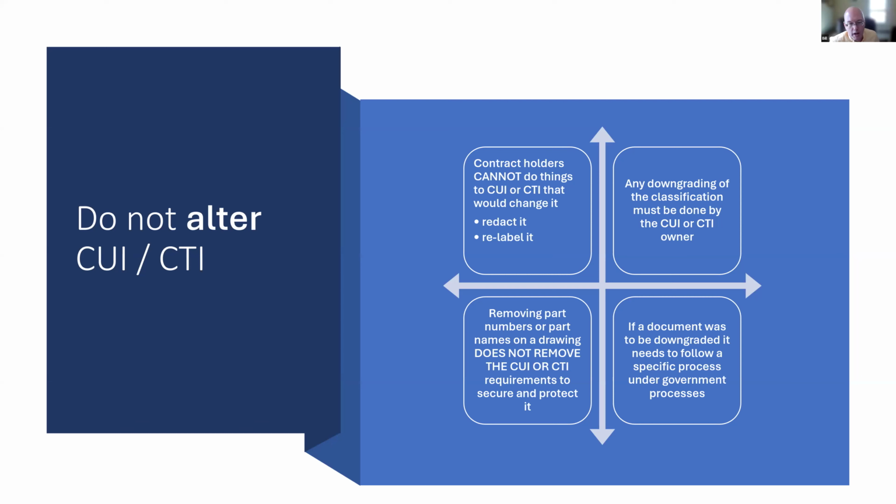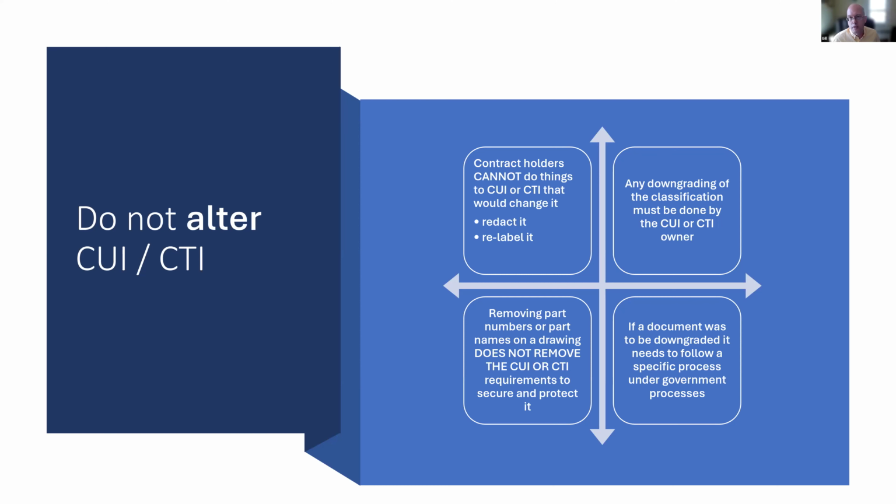And the bottom line is, don't alter CUI or CTI. We have interacted with people that thought it was a great idea to take a Sharpie and mark off things that said controlled unclassified, and that was going to get them out of trouble. That's not true. The only people that can declassify it is the government. A person cannot declassify it, and there's a lengthy process involved in doing it. It comes from the owner of the information.